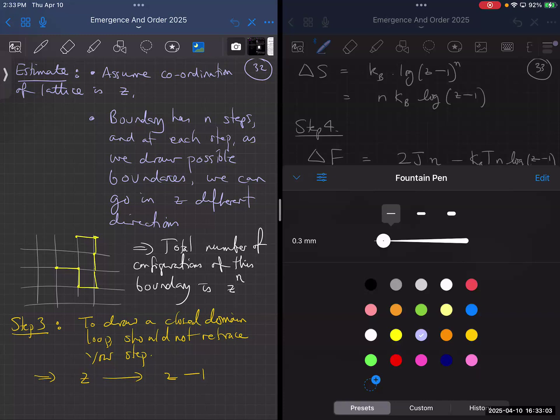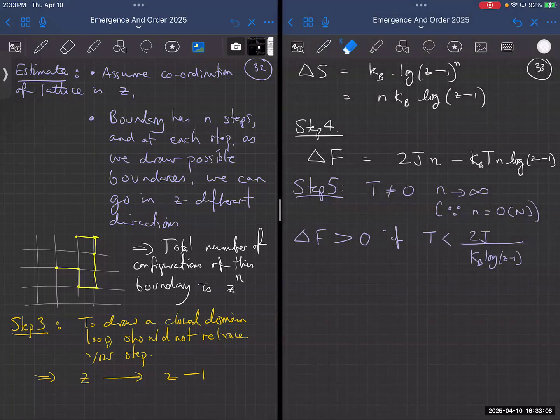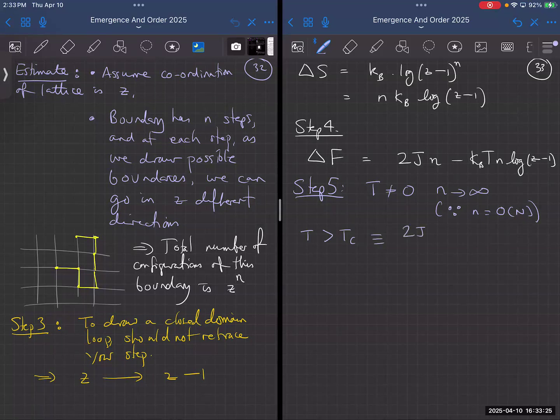Let me write this in a different way. Okay, so if T is greater than this number, 2J over k_B log of (z minus 1), then delta F will go to minus infinity as n goes to infinity.